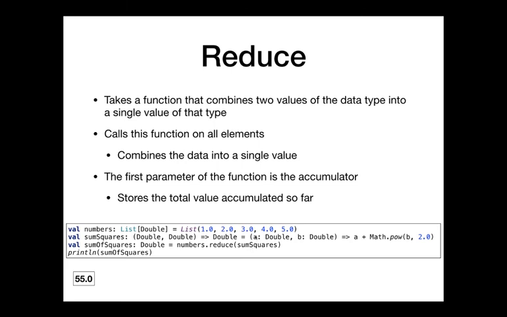A is going to be 5, that's everything that's been accumulated. 3 is going to be my B. We're going to have 5 plus 9, 14. When we move to 4, A is going to be 14. 4 is going to be B, and then 16, and then so on until we get our plus 25, and then 55 for the total value of this.